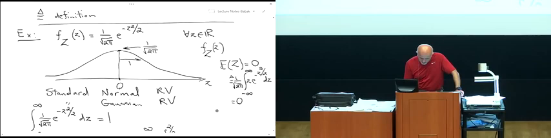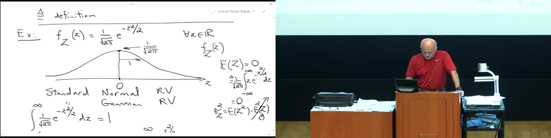Now, when the mean of a random variable is 0, remember that the variance we found was E of z squared, minus E squared of z. This you've already shown is 0, the mean squared. So anytime you have a 0 mean random variable, the variance is the same as the second moment.